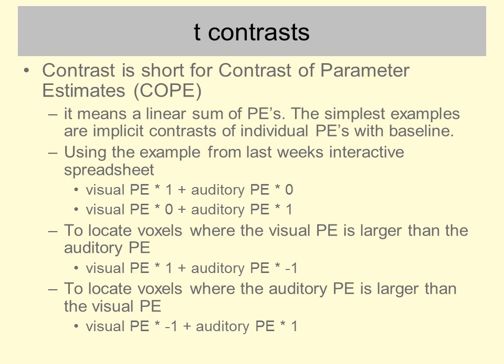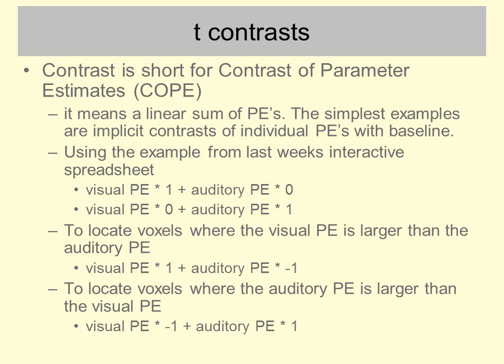Now, if there was a third condition in the experiment, say a tactile condition where people were being stroked with a feather or something, then we'd have a third term in all of these linear sums of parameter estimates. So we'd have the visual PE times 1 plus auditory PE times 0 plus tactile PE times 0 would be the thing that gave us all the voxels that were just more active in visual than baseline.